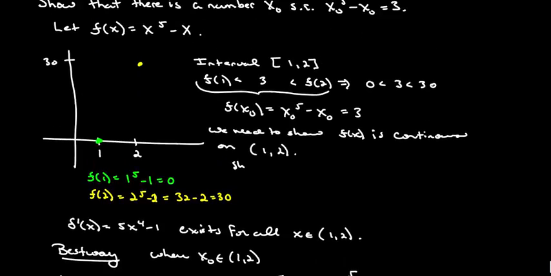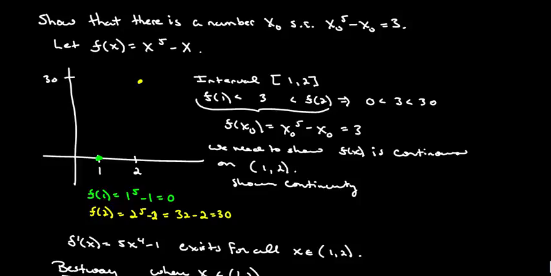So we've shown continuity. And so now what we've proven is that this function, who knows what it looks like in between here, but we know that the height value of 3 and the function must intersect at some point, which tells us that there's some x naught value out there such that f of x naught is a height of 3.